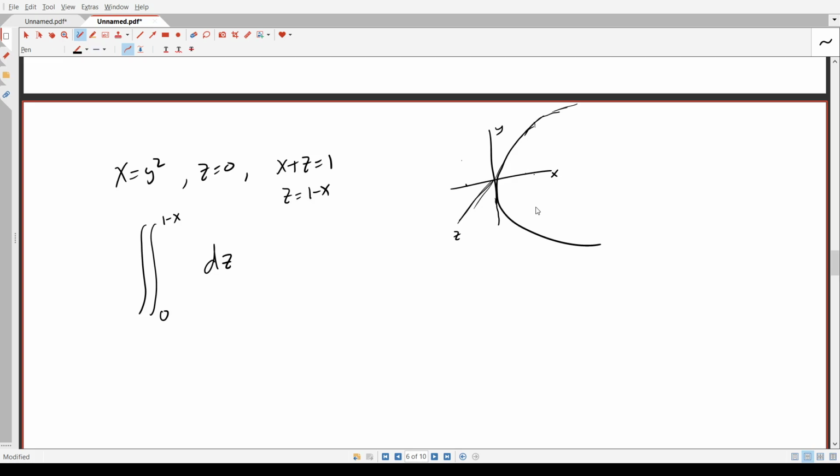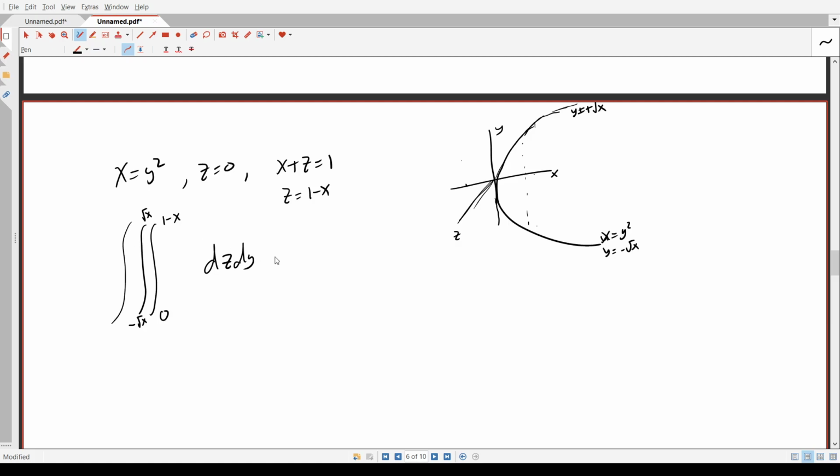So that's going to go from negative root x all the way up to positive root x, right? Because this is the line x equals y squared. So that means y equals minus root x, and then y equals positive root x. So I just integrated it this way, dy. And now I need to integrate this with respect to x.